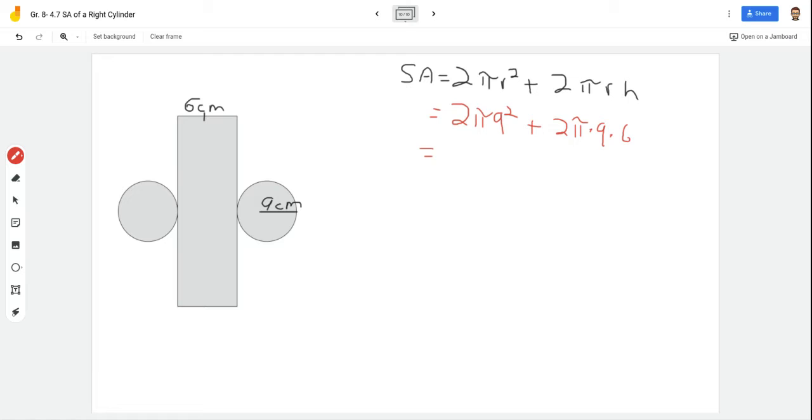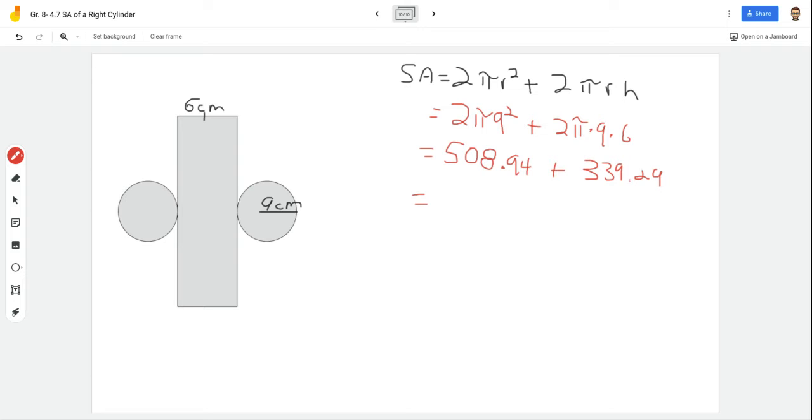We could plug that into our calculator. 2 times pi times 9 squared is 508.94, rounded to the nearest hundredth, plus 2 multiplied by pi multiplied by 9 multiplied by 6 is 339.29.